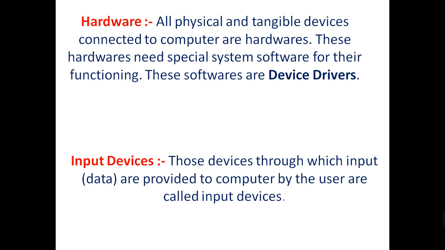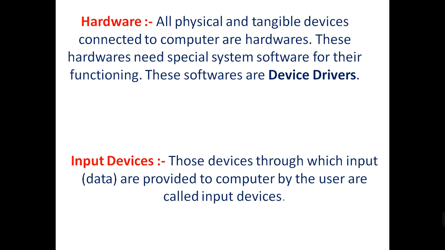So these hardwares need a special kind of software for their functioning, and these softwares are called device drivers. It means if you need to install a printer with your computer, then you have to first install the device driver software for the printer, then you can install that particular printer.